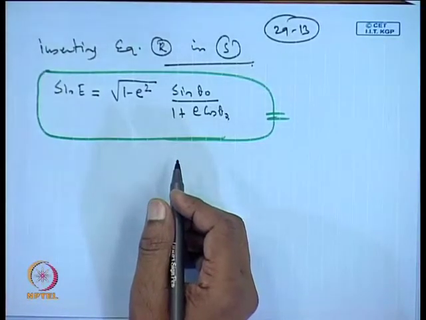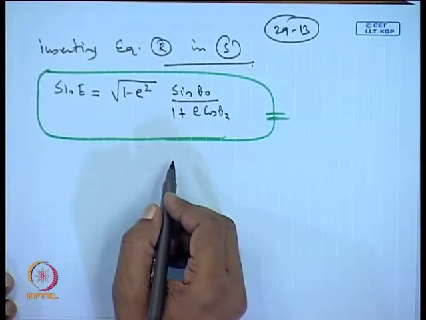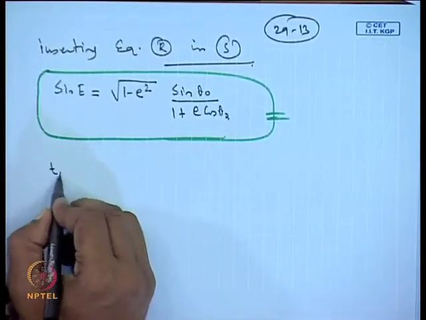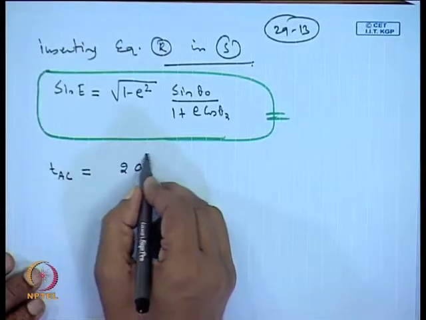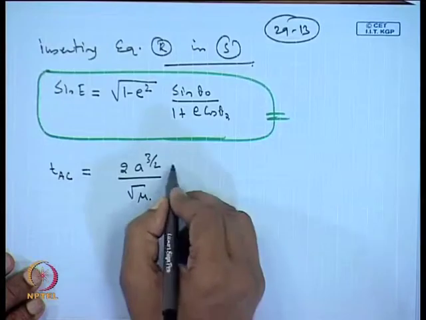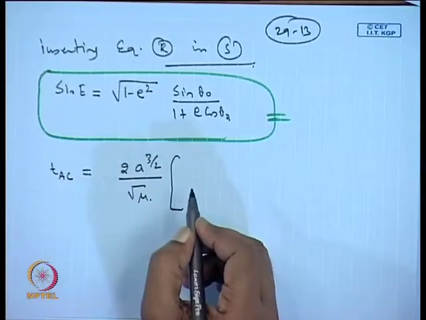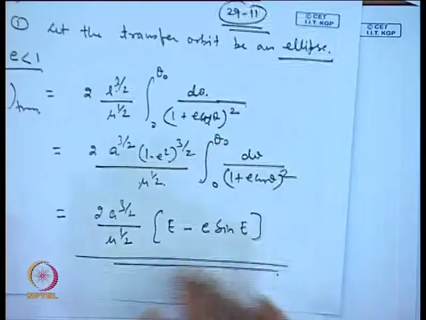So, once we have done this, then our TAC will become 2 times a to the power 3 by 2 divided by mu under root, and if we look into our equation that we have written, this was the quantity here.